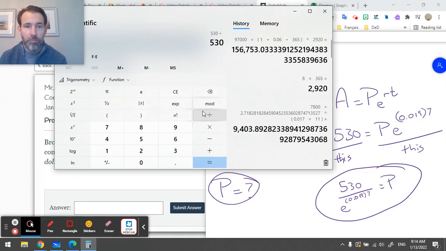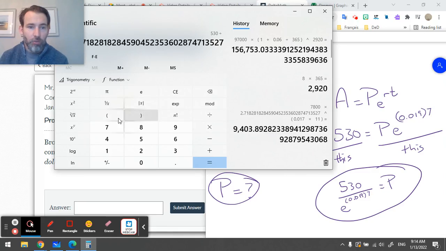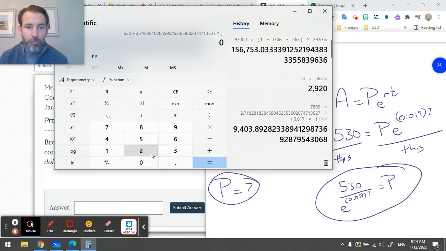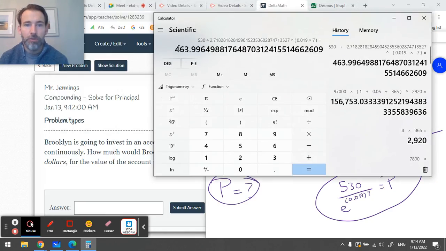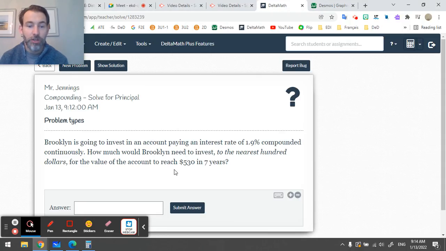530 divided by e raised to the power, bracket the power, 0.019 times 7. End the bracket. That's the power that e is being raised to. Push equals, and it tells me $463.99 to the nearest $100.